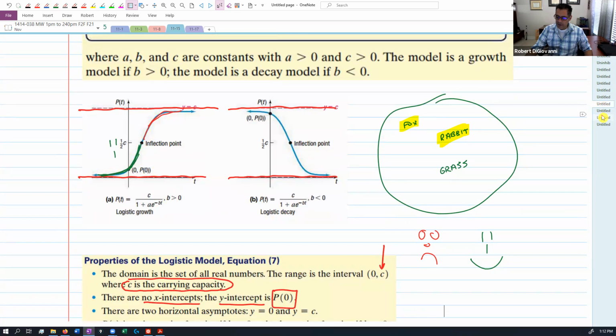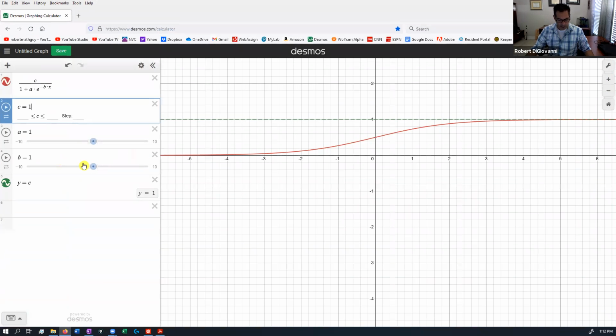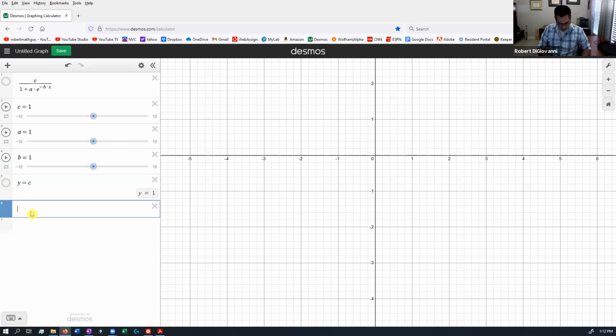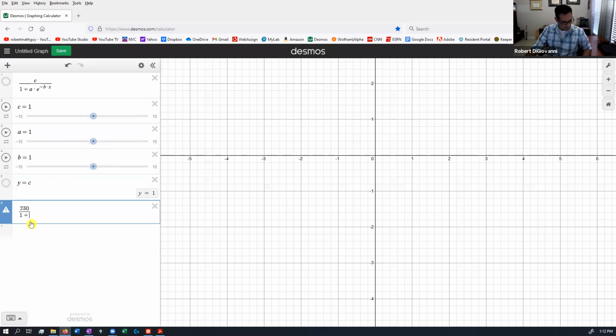Now I'm going to graph it just so we can see it. All right, got a graph here ready to go. Actually, I need to change. Let me just hide this. So it's 230 over 1 plus 56.5, and then times e raised to the negative 0.37x.